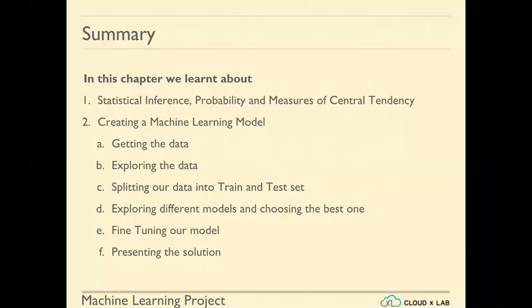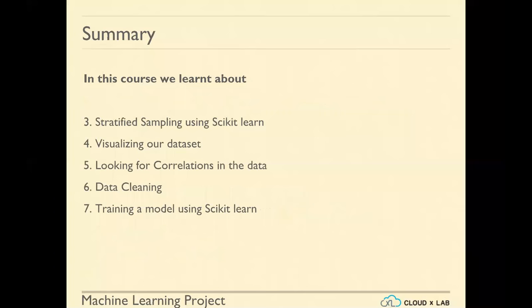We have not yet really created a presentation, but presenting our solution would be one of the steps. Then we also learned, as part of statistical inference and earlier, how to do stratified sampling.